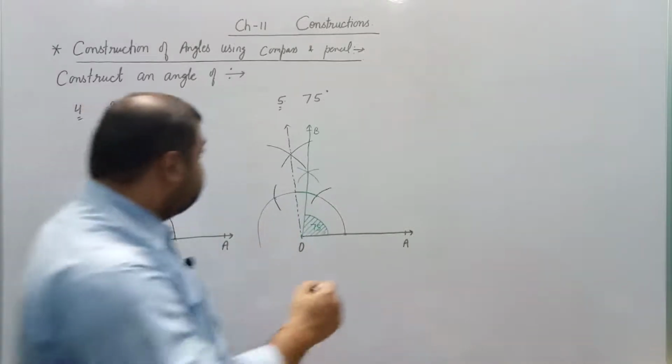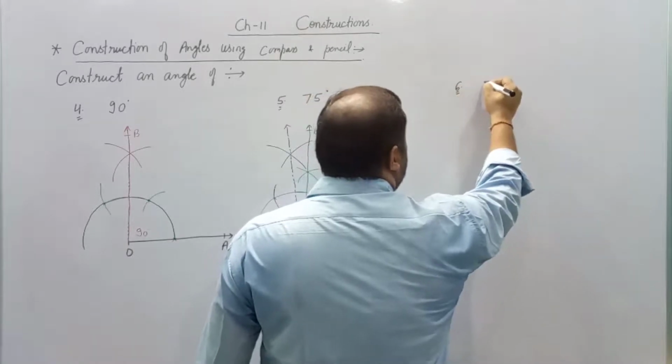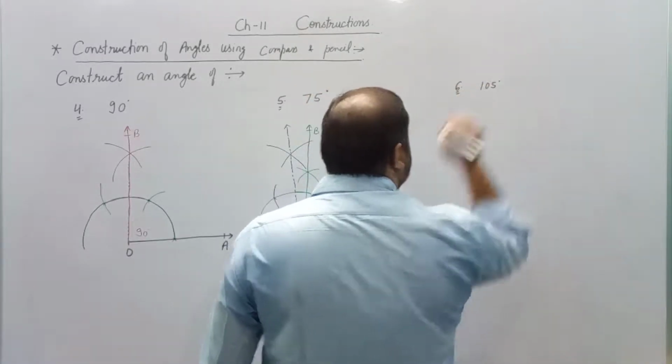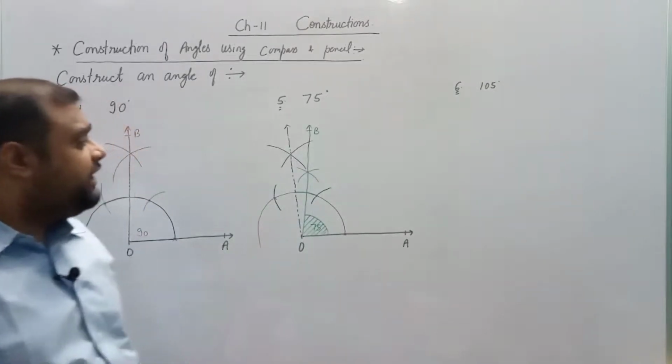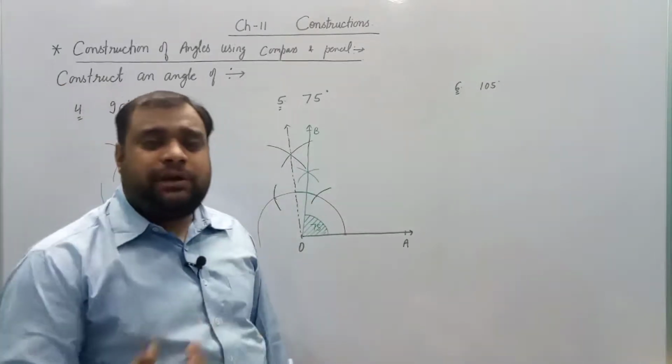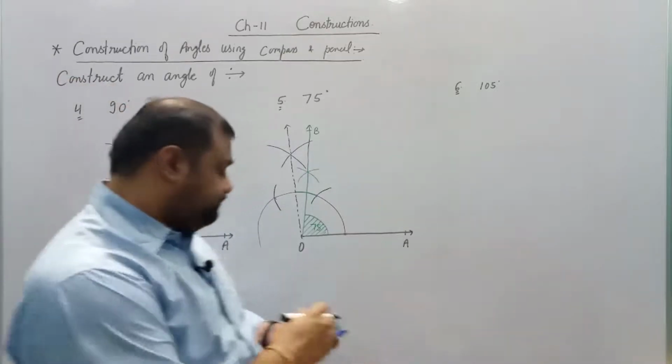Next, sixth, 105 degrees. To construct an angle of 105 degrees, it's similar to the construction of a 75 degree angle.